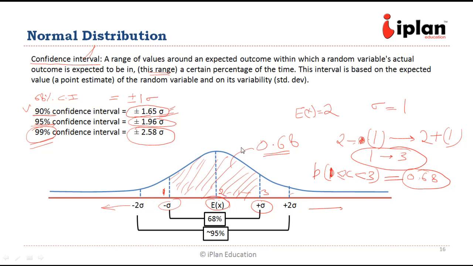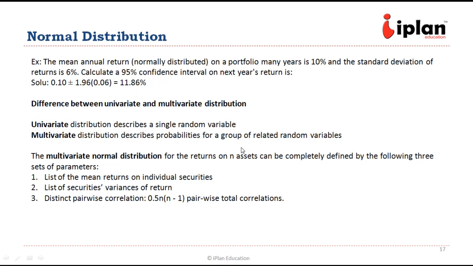Now let us take one more example. It says the mean annual return, assuming it is normally distributed, for a portfolio is 10% and the standard deviation is 6%. We want to calculate a 95% confidence interval on next year's return. So what should be the expected return next year with a confidence interval of 95%? We know for a 95% confidence interval, the value of sigma is 1.96.